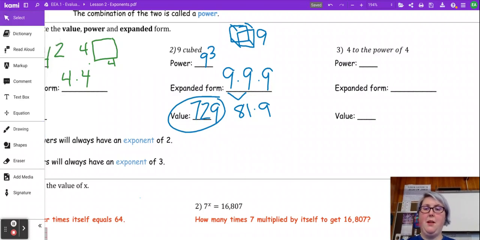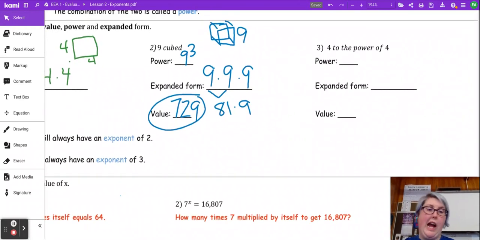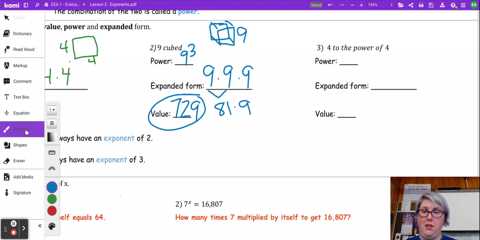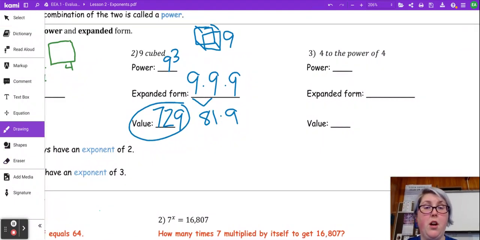So now let's look at power of 4. I'm not going to draw a shape for that because that's just not how it works. 4 to the power of 4, we know the first number is our base. We're going to deal with 4's. And power of 4 means exponent of 4, which means we will be multiplying 4 by itself 4 times.